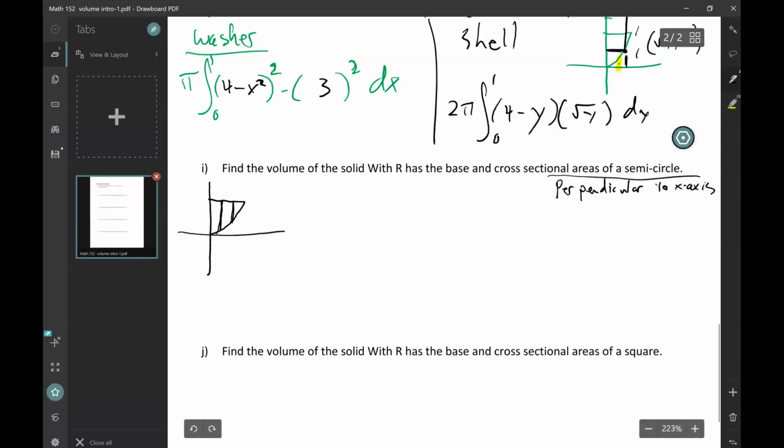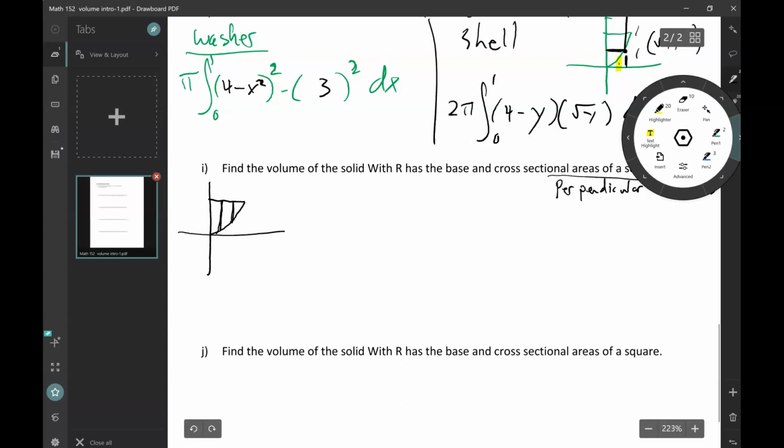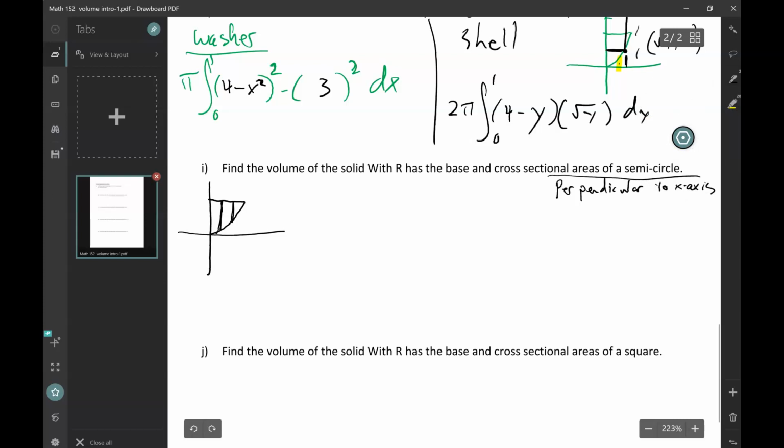And I have a hard time drawing these. Let me use a different color. So it's going to look like that kind of. And then this, of course, will be bigger. And you can see a bunch of these little semicircles. As you go towards the y-axis, they get bigger and bigger because this bottom line right here is determining the size of the semicircle.